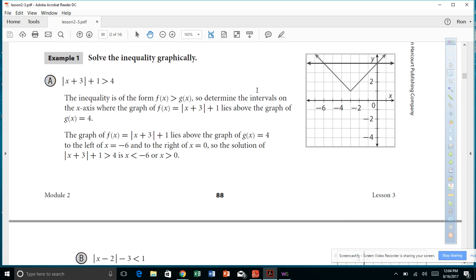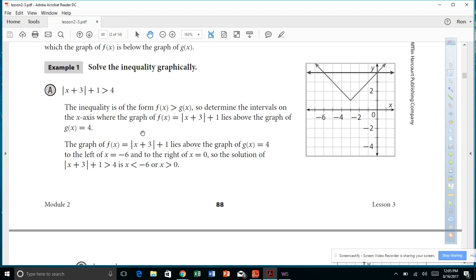The absolute value of x plus 3, plus 1, is greater than 4. The inequality is of the form f of x is greater than g of x. So determine the intervals on the x-axis for which the graph of f of x lies above the graph of g of x.